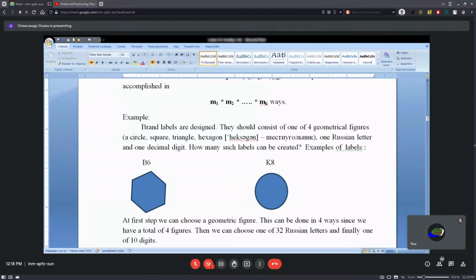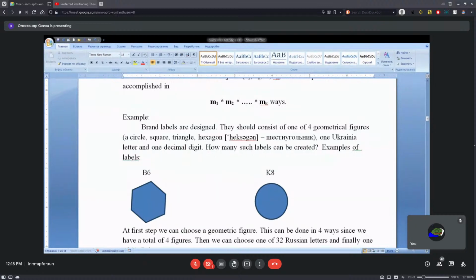One Ukrainian letter and 1 decimal digit.